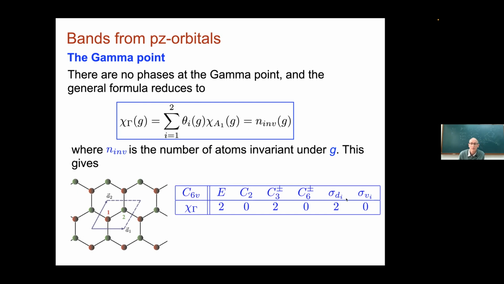All I have to do is, for each element of C6V, which is the little group for the K point, see how many atoms are invariant. Obviously, under E, the 2 atoms are invariant because I don't do anything. Under C3 plus, remember, I always rotate around this point, 1 goes to 1.